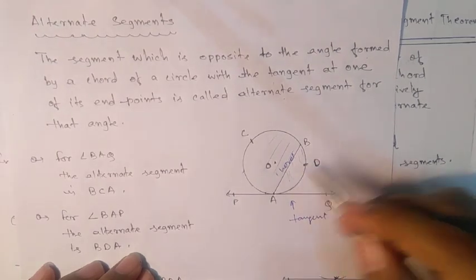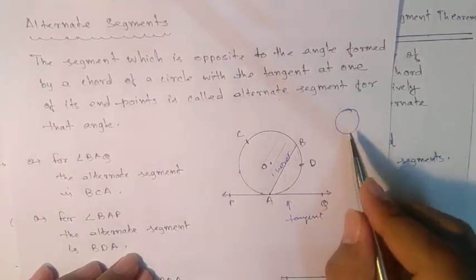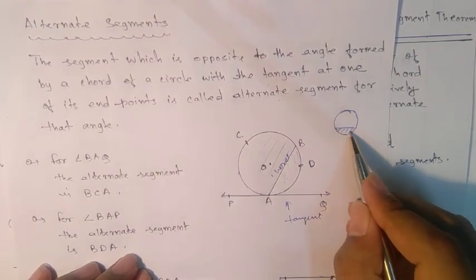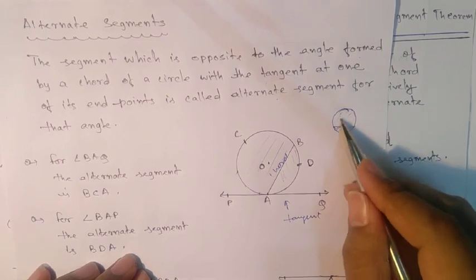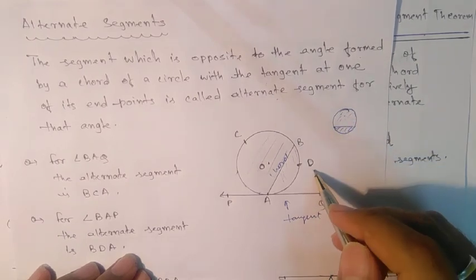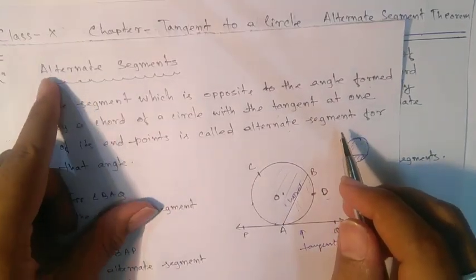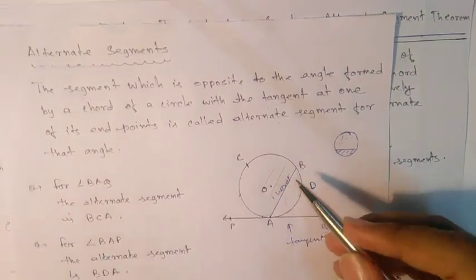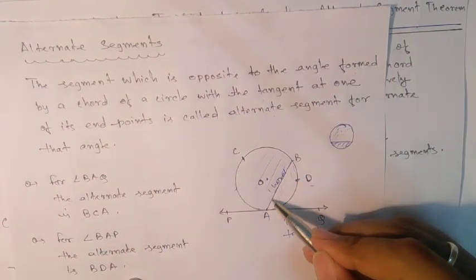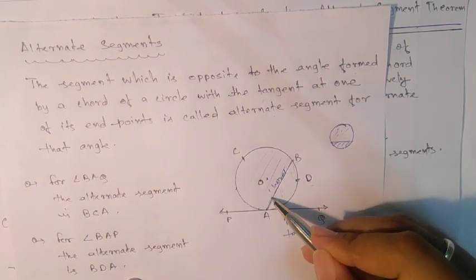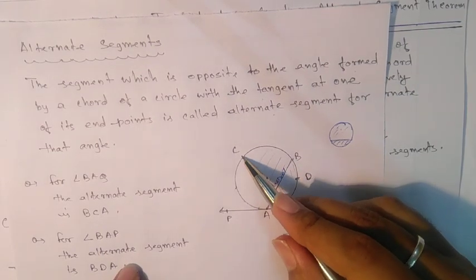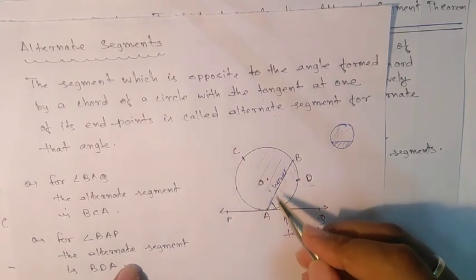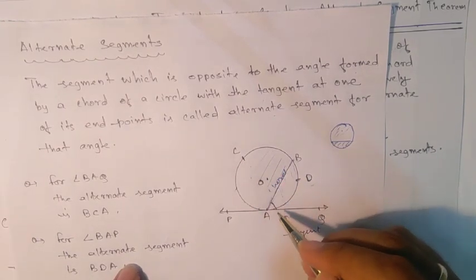If you take a circle and a chord, then we call this the minor segment, and this is the major segment. Now, what does alternate segment mean? If you take this as a chord, go to this side and take this angle, then this is the alternate segment of this angle.